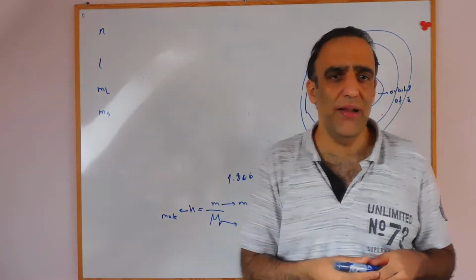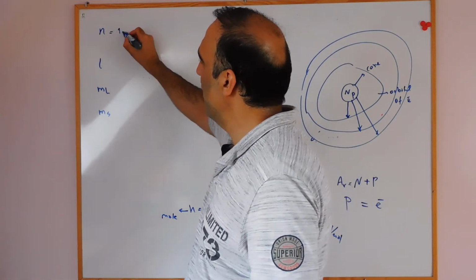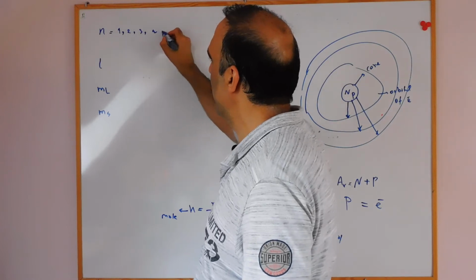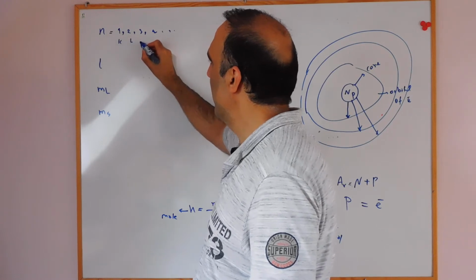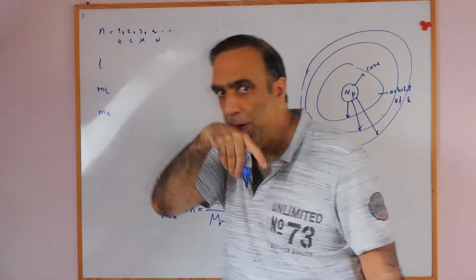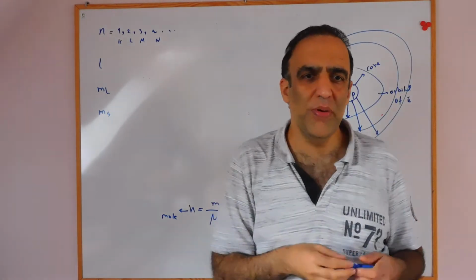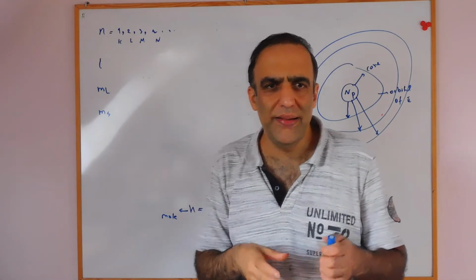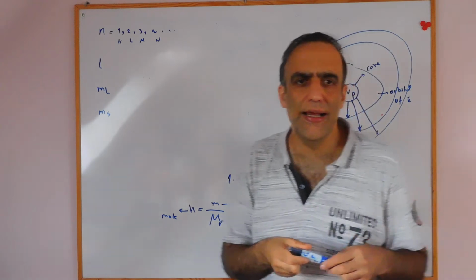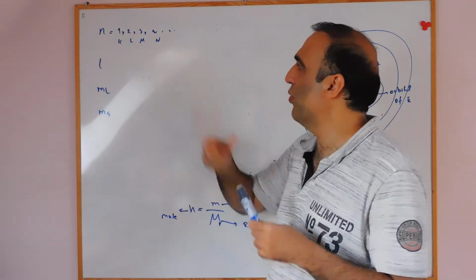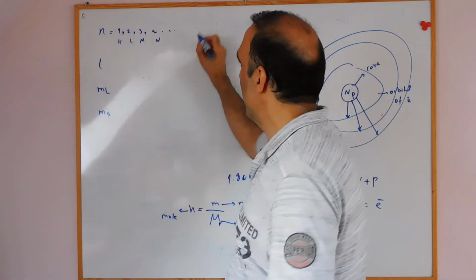The first one is N, the principal quantum number. It takes the numbers 1, 2, 3, 4, or we can use the letters K, L, M, N. The principal quantum number shows the size of an orbital, the shell, and the energy of the electron.